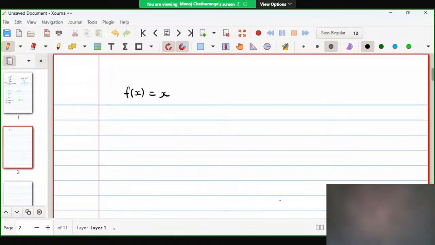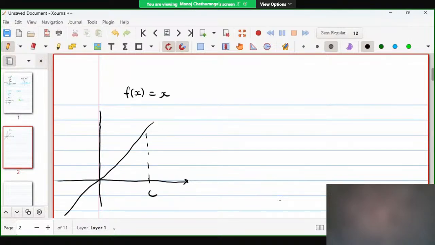The graph is a line that goes through the origin with slope 1. Now let's pick some c value. And as we move to c from the left-hand side, on the graph we are reaching this point on y equals x.